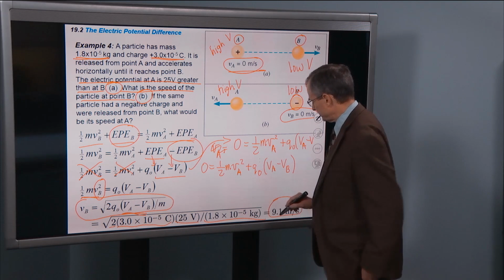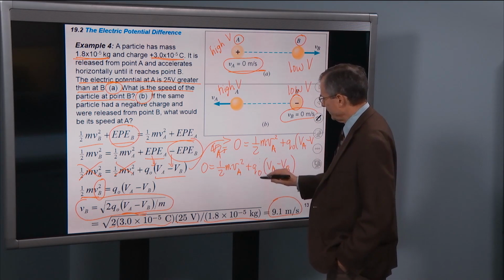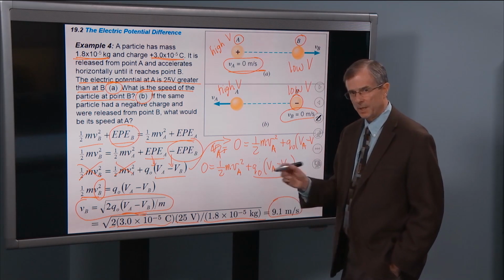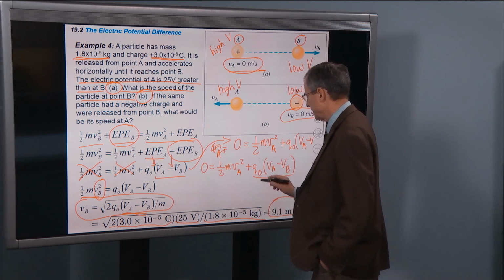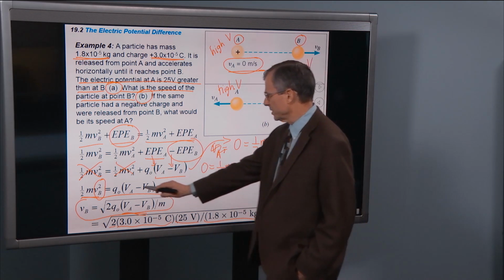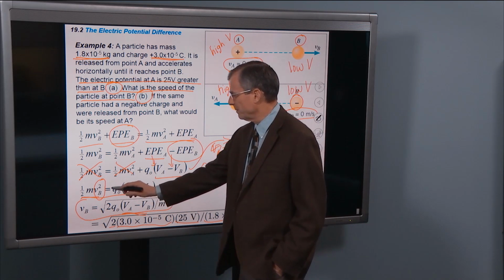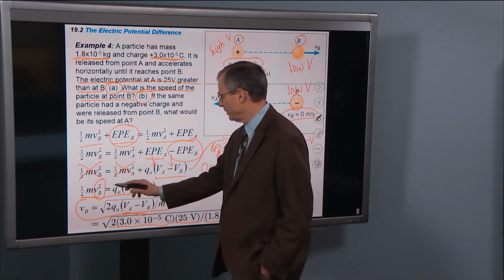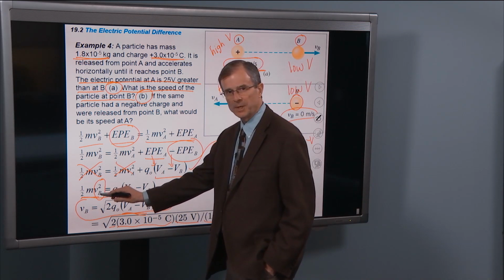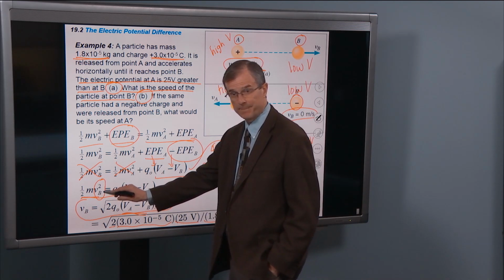Well, to solve for VA, I've got to get this stuff on the opposite side of the equation. So that'll come in with a minus sign, and so it'll look just like this, except there'd be a minus sign out in front here. You can do the algebra yourself if you don't believe me. There'd be a minus sign here, and there'd be a VA squared instead of a VB squared here.